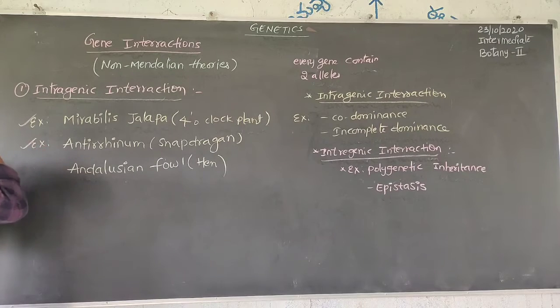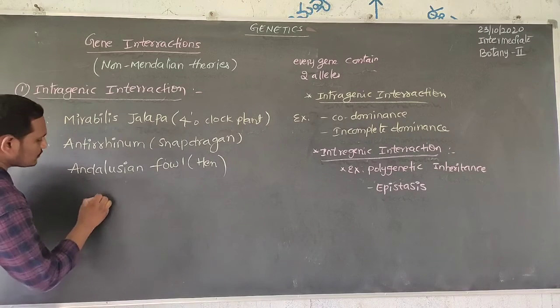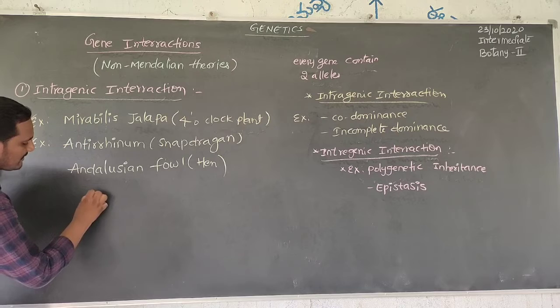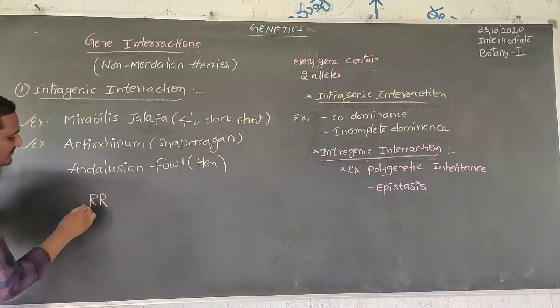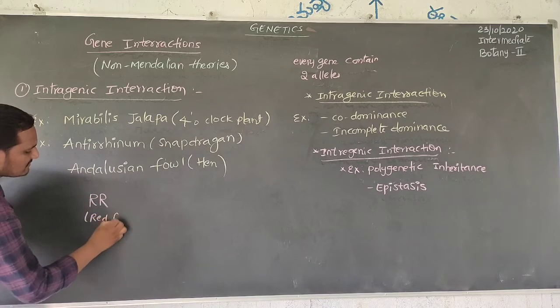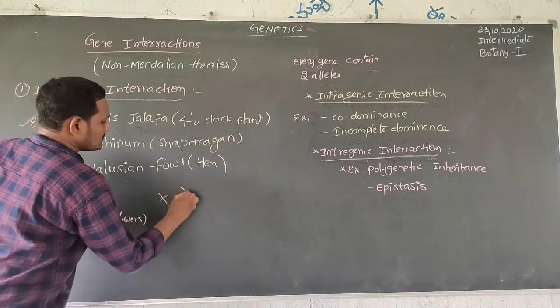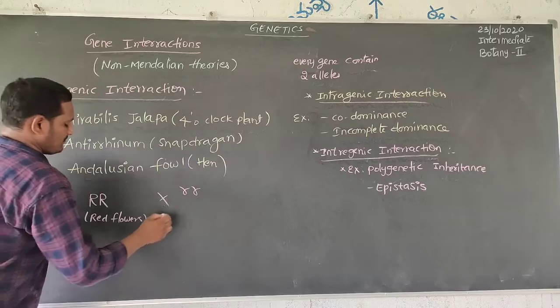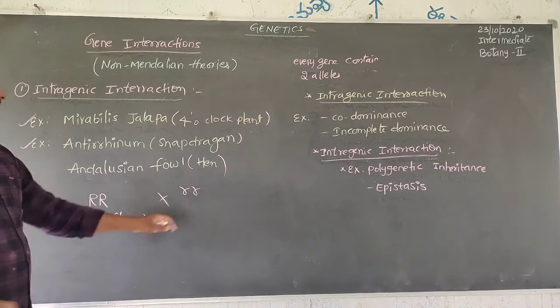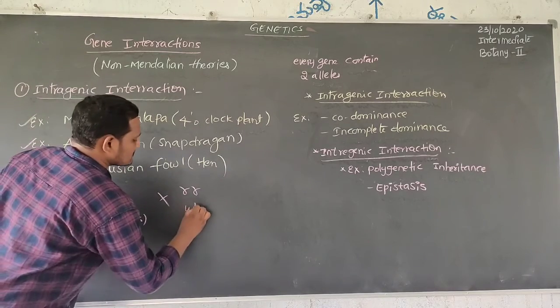The plant Antirrhinum contains two types of plants. We have to take red flowers and cross them with white flowers.